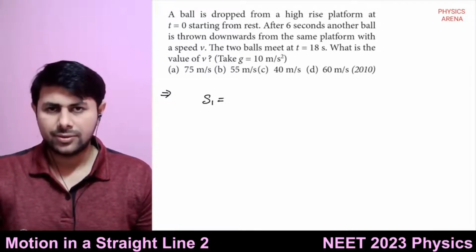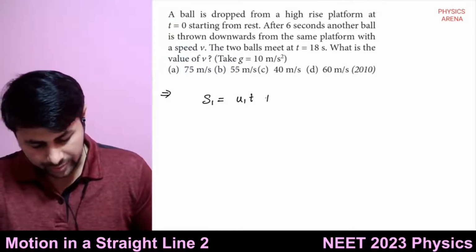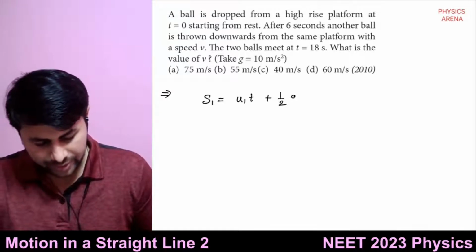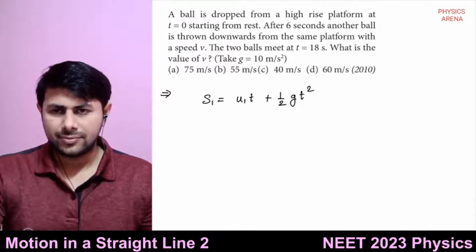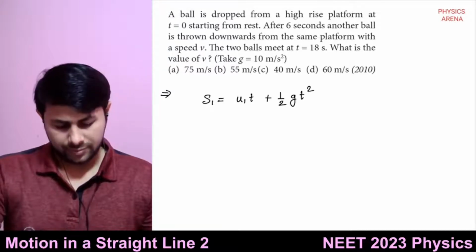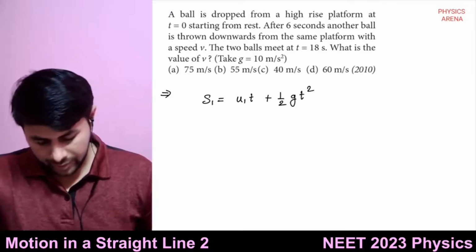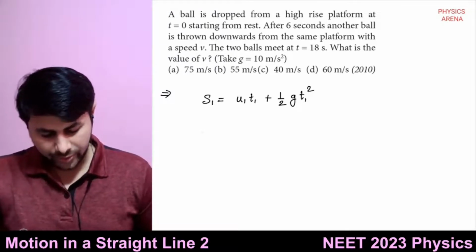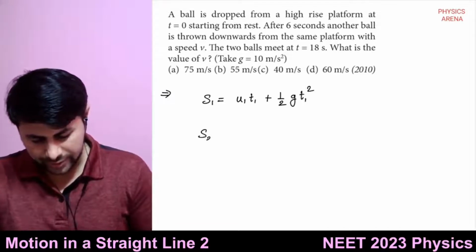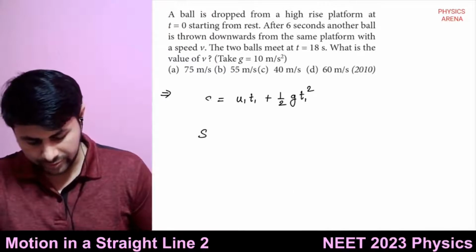Okay, let's call it u1 t plus half of g multiplied by t square. Okay, so let's call this t1, and for second ball, the distance covered will be same.